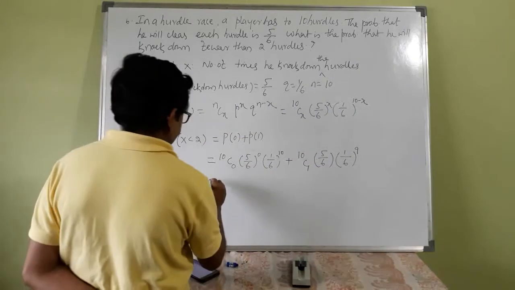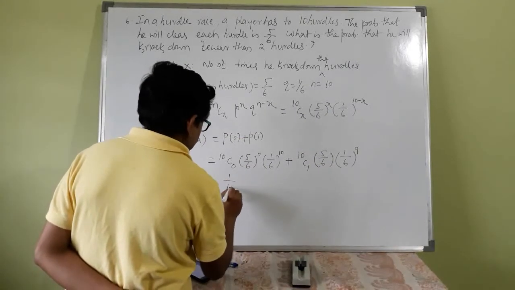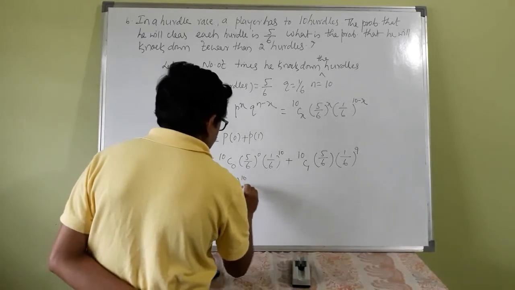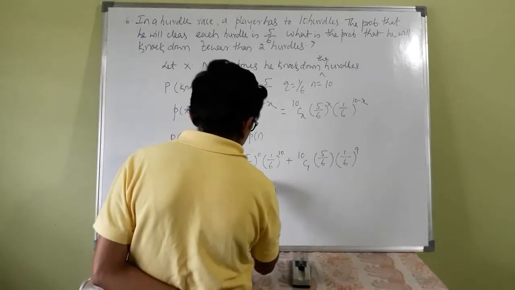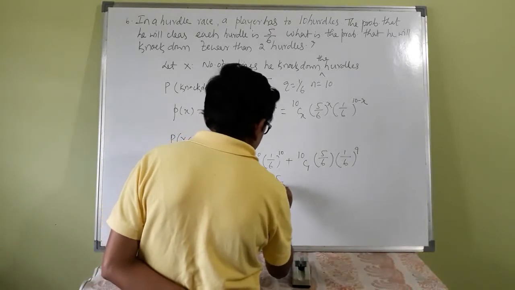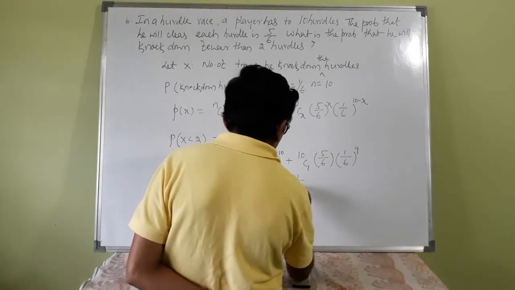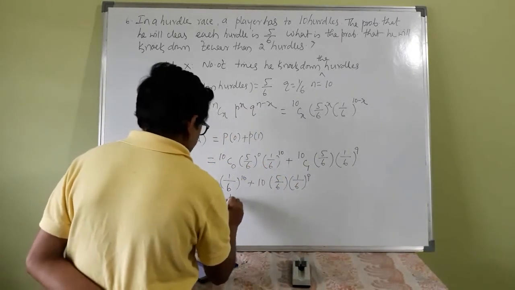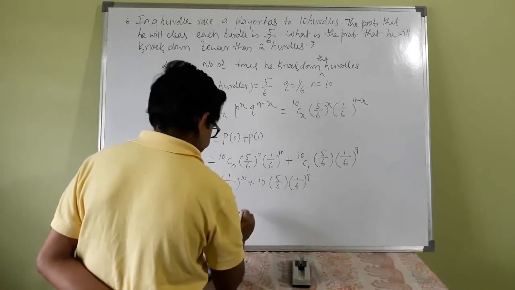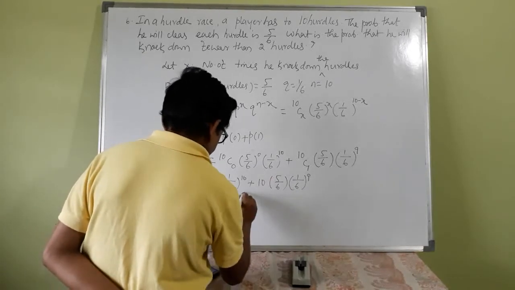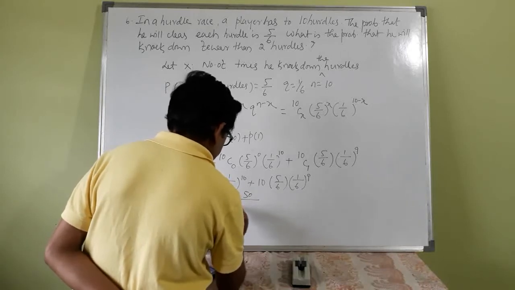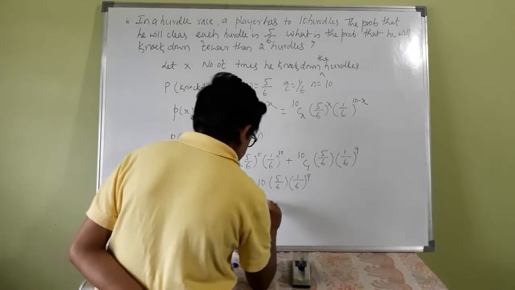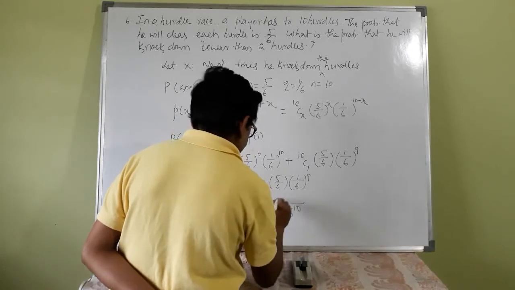That is 1 by 6 raised to 10, plus 10 into 5 by 6 into 1 by 6 raised to 9, which means 6 raised to 10 in the denominator. That is 1 plus 50 divided by 6 raised to 10, which equals 51 by 6 raised to 10.